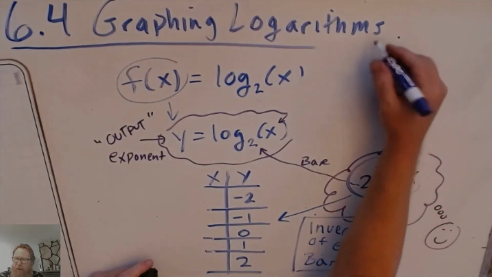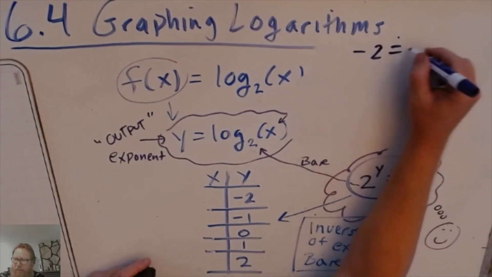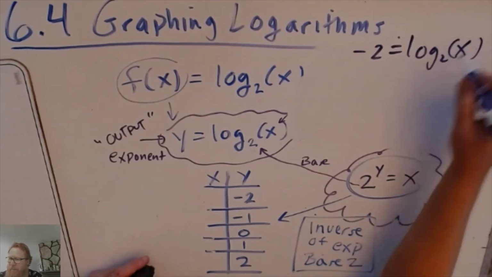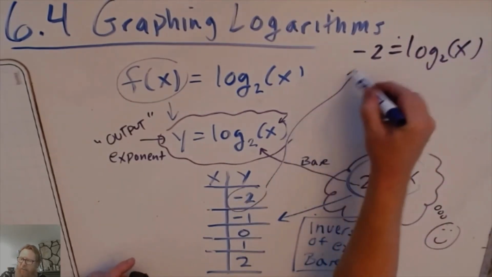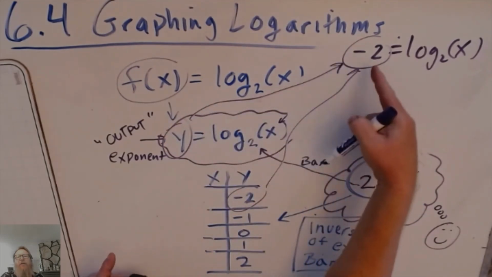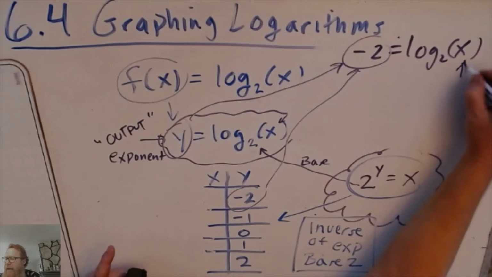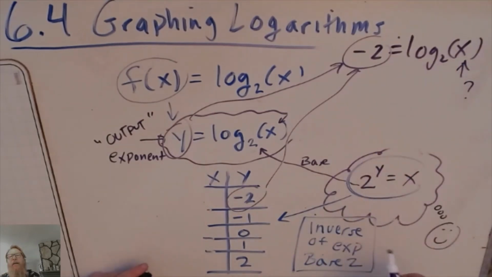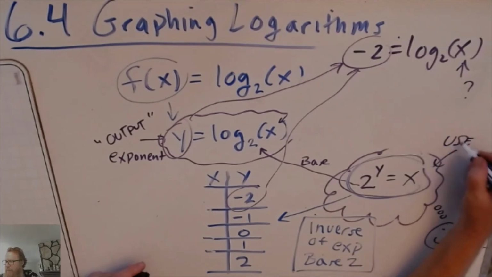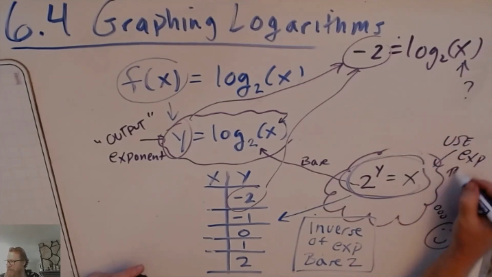So I want to know, if y is equal to -2 here, what is the value of x? And I'm going to use this to solve.